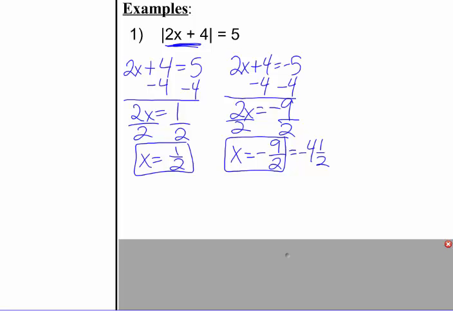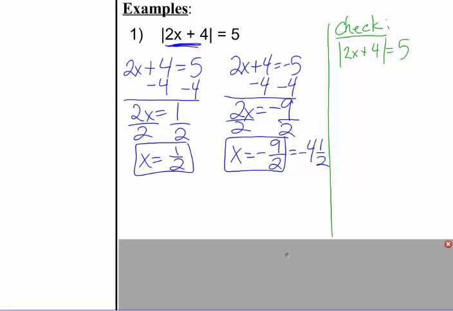Now, once you get your solutions, you need to check to make sure that they work. When you do the check, you must check in the original equation. So you need to go all the way back to the absolute value equation and plug your numbers into that. You're going to do two separate checks, one for each possible solution, and verify that they work.